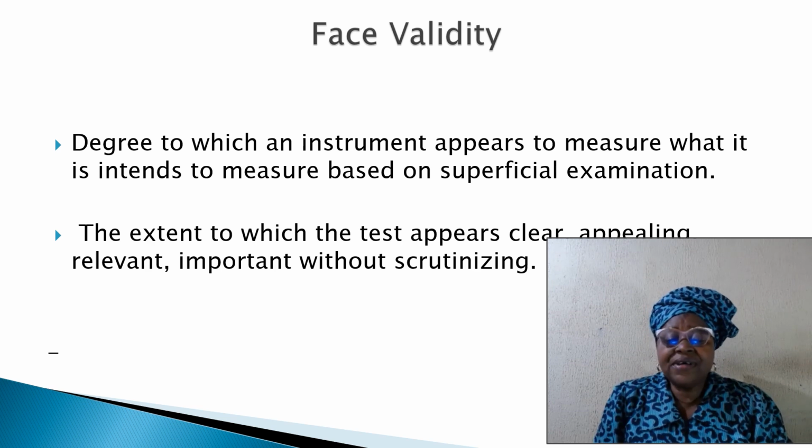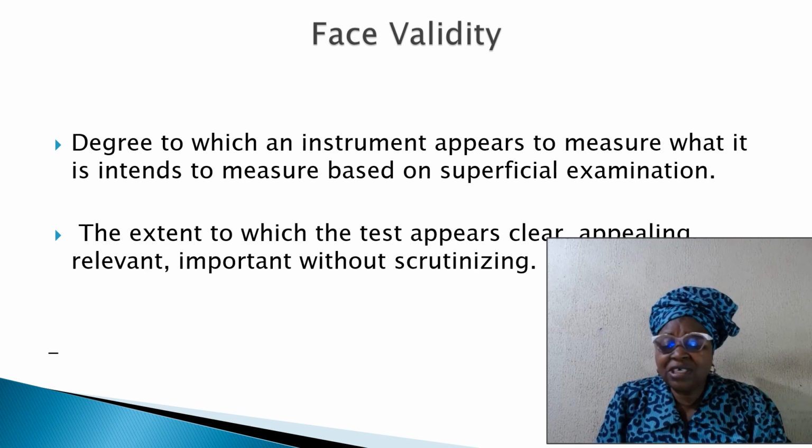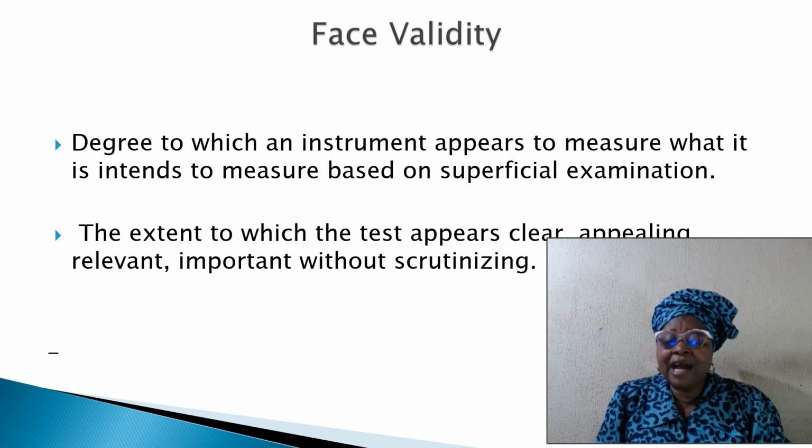Then we have another validity we call face validity. This is a degree through which an instrument appears to measure what it intends to measure based on superficial examination. Just by looking at it, the appearance, without serious scrutinizing what is inside. How does it appear?